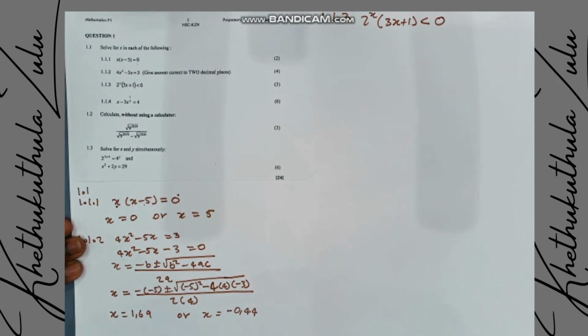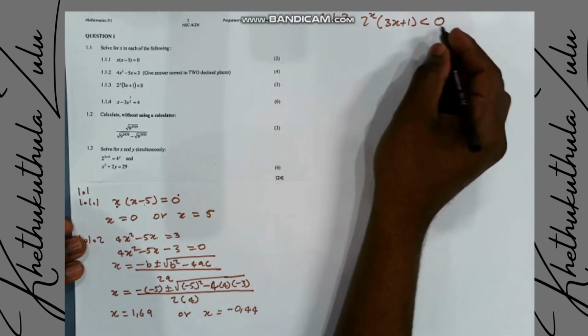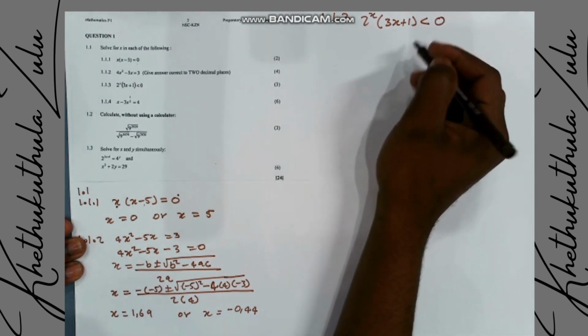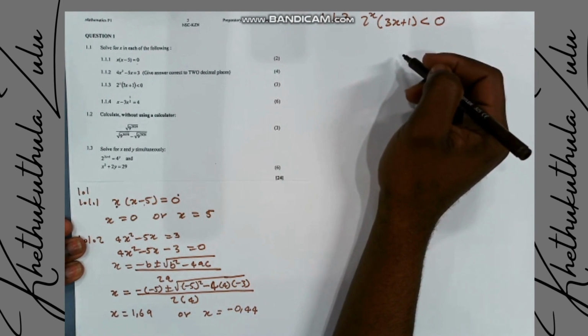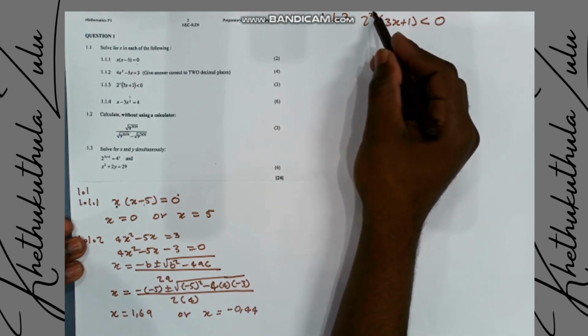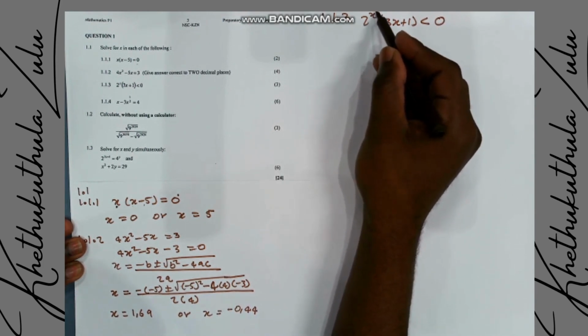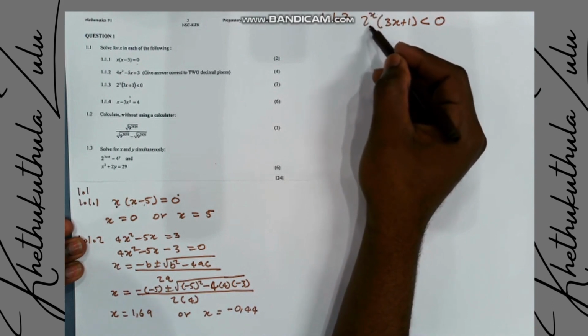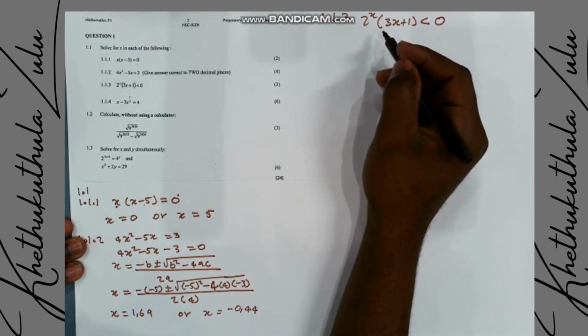But for this 2 to the x to be defined, our x value must be all real numbers. But to be all real numbers, if you can put any real number here, this variable will always be greater than 0.